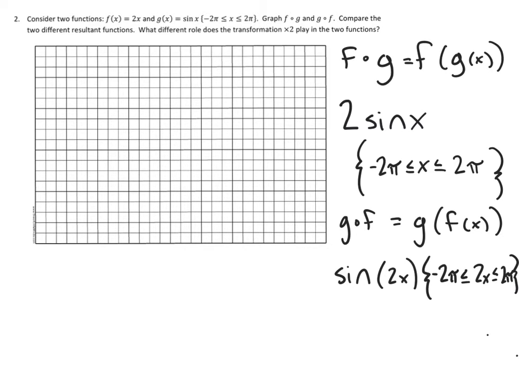It's weird to have the 2x there in the domain restriction. So I'm going to divide everything by 2 to get rid of that 2, and this becomes negative pi less than or equal to x less than or equal to pi.